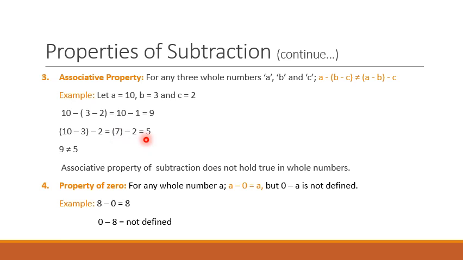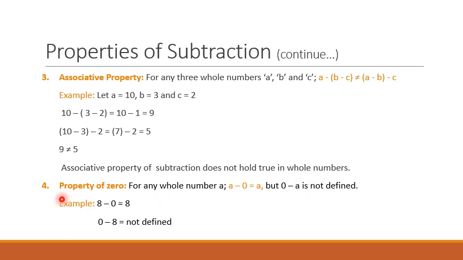Now you can see 9 is not equal to 5, or I can say the two answers are not the same. So in this way I can say the associative property of subtraction does not hold true in case of whole numbers.